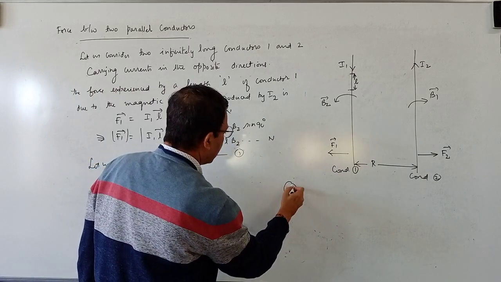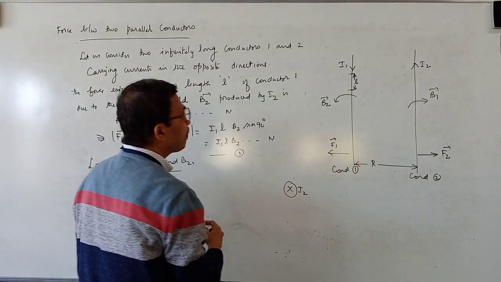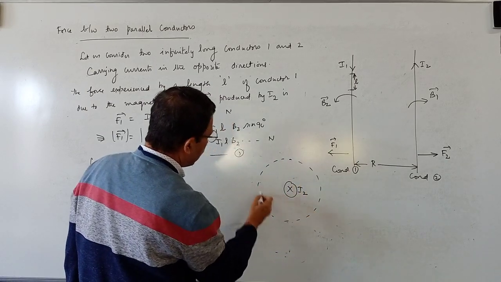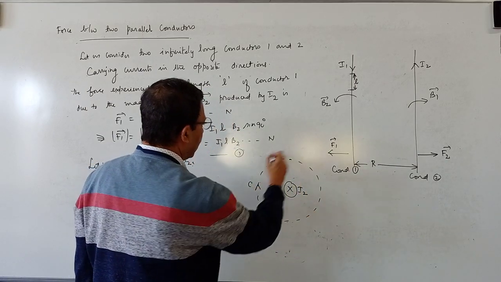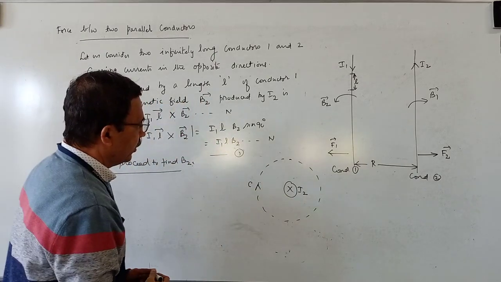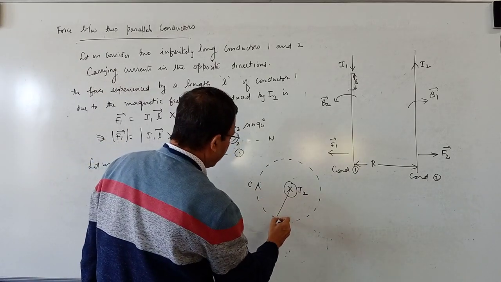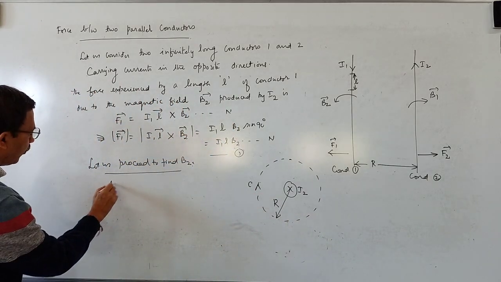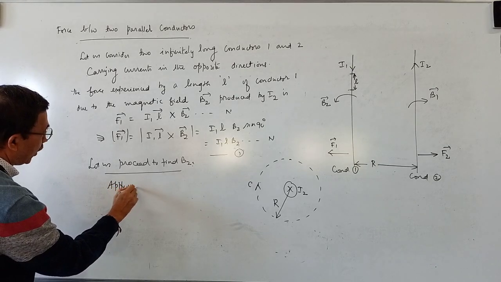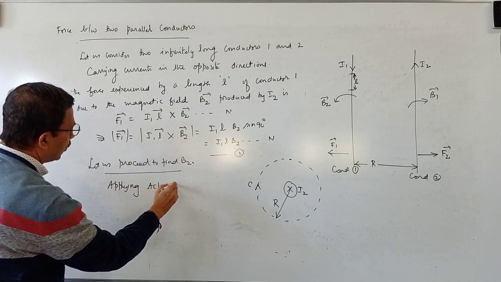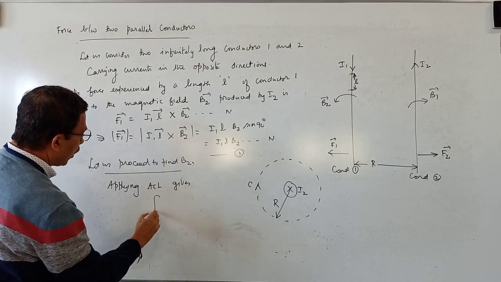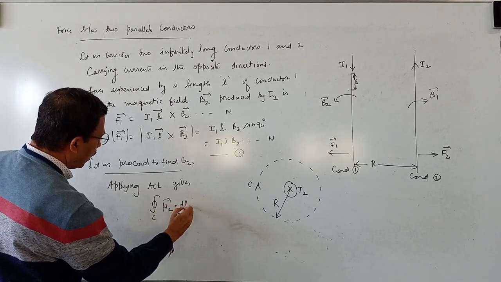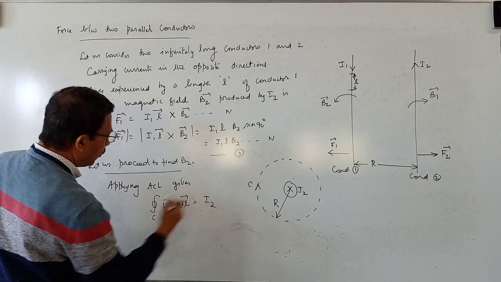So, this is the current I2. This is the contour C taken in the anti-clockwise direction, and the radius of this contour is R. Applying Ampere's circuital law gives the contour integral of vector H2 dot dl equal to the current enclosed, I2.